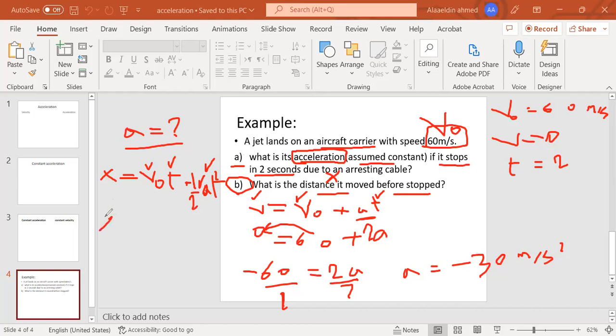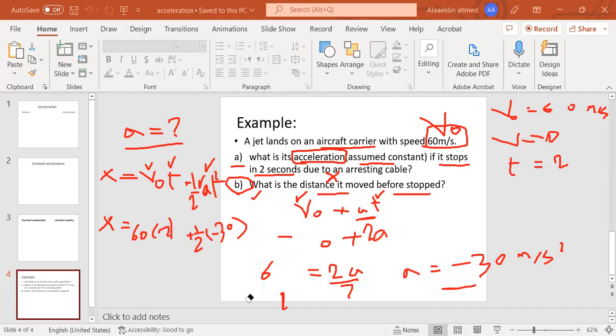So x equals v naught, 60, times the time, 2, plus 1/2 a, we found it minus 30, times t squared. T squared is 2 squared.